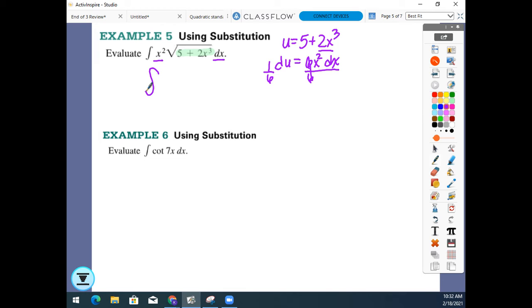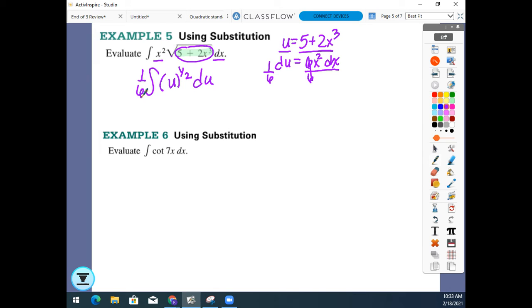Substitute. The square root, I'm going to write as u to the 1/2. This whole thing is my u, so I substitute your 5 plus 2x to the third with u, keep the square root as 1/2, and x squared dx is du. Don't forget your constant on the outside.